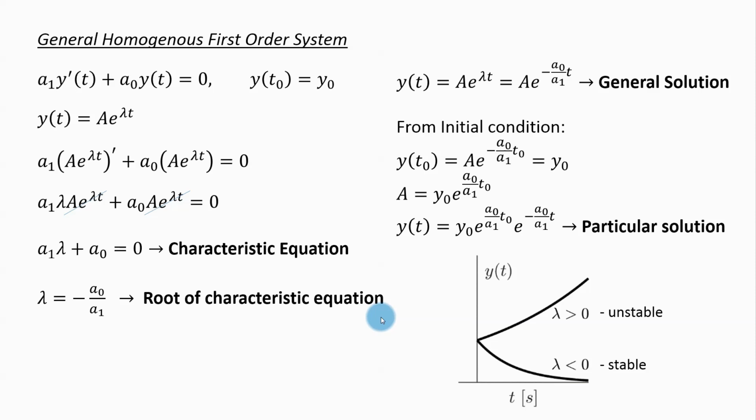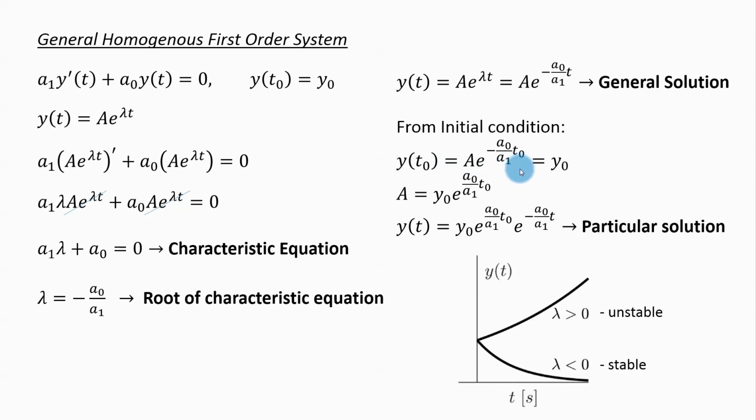Now you can substitute this root into the original solution and you will get the general solution that describes all possible ways your system can behave. Then, to find how your system is going to behave for this specific initial condition, you need to evaluate your general solution at the time at which the initial condition is given.